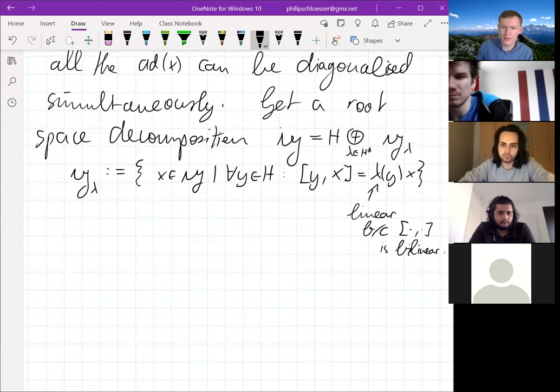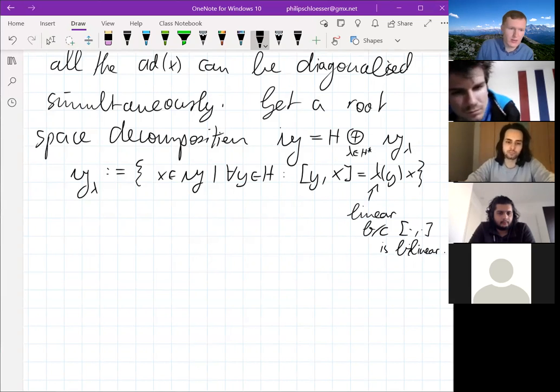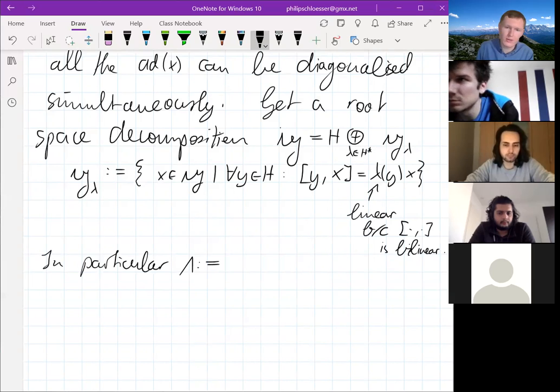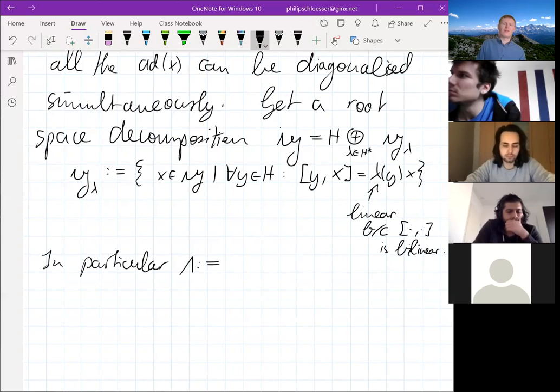And of course, those root spaces are not all different from 0.